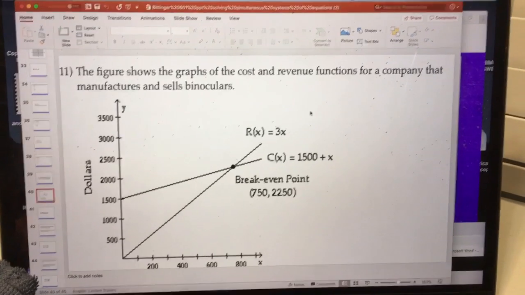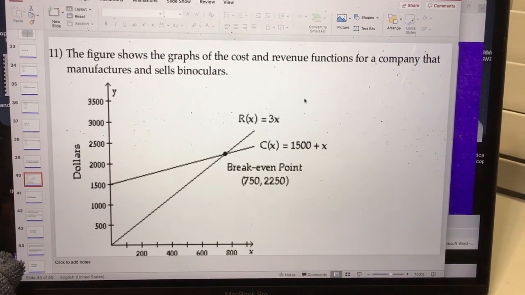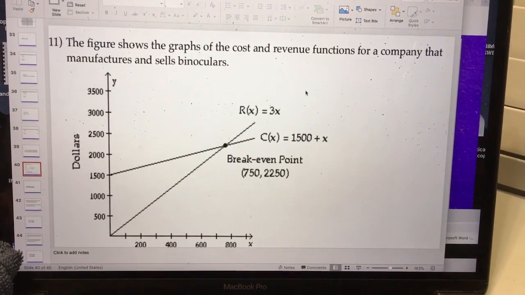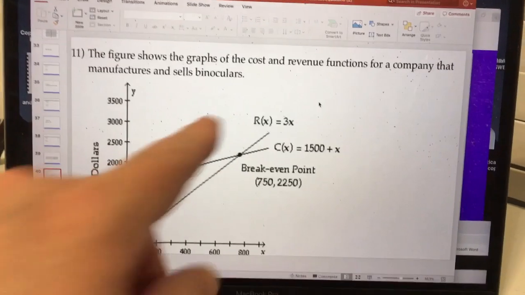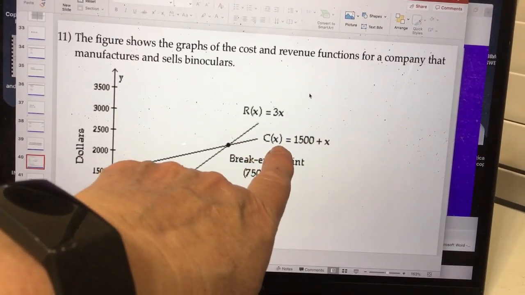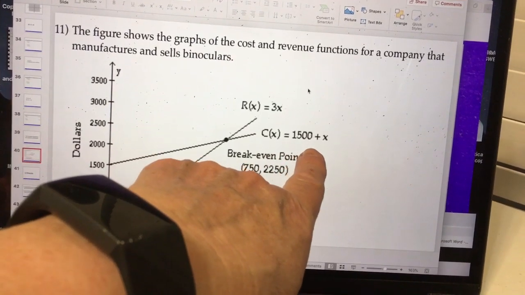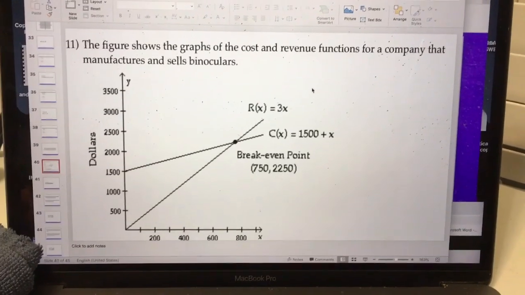The figure shows the graphs of the cost and the revenue functions for a company that manufactures and sells binoculars. So the revenue is 3x, and the cost function is 1,500 plus x. They're asking us, what is the break-even point?